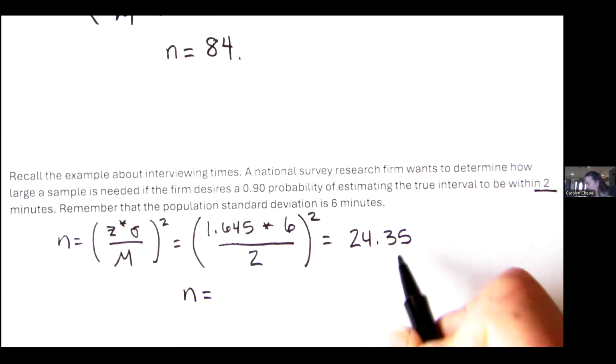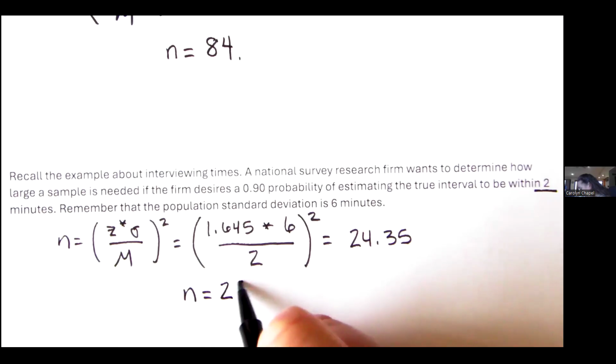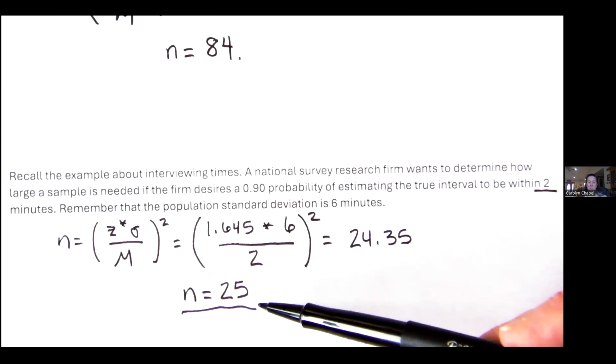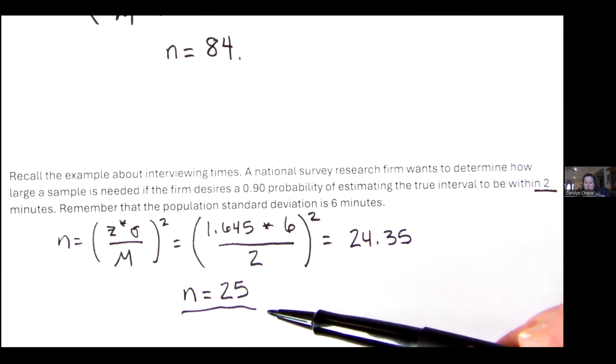Even though this says we should round down, I'm going to round up. And I get 25. So I only need to get 25 people to make sure that I'm within 2 minutes at 90% confident. And in the problem we did with this example, we had 100 people and being 95% confident, and we were within the 2 minutes. So that is why we have a much smaller N value here.